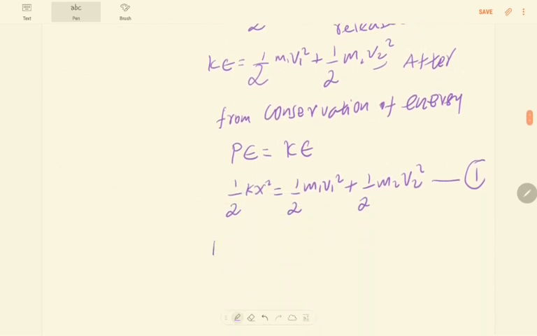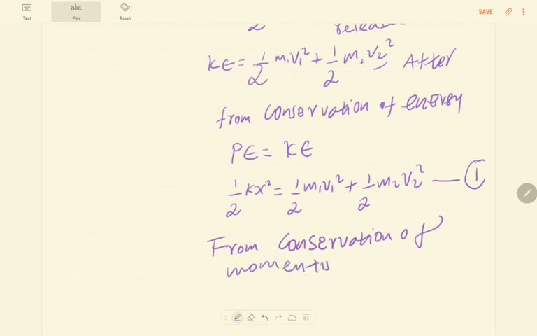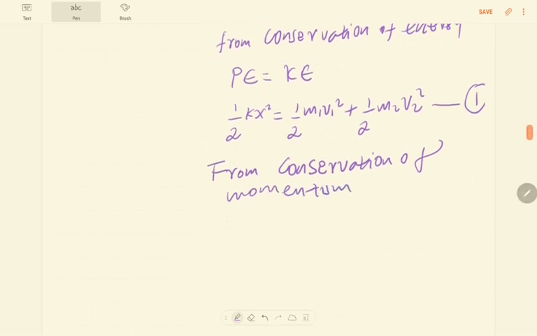From conservation of momentum, the momentum before release is equivalent to the momentum after release.